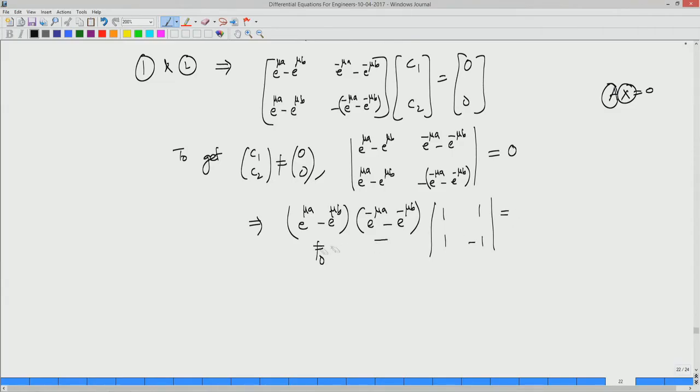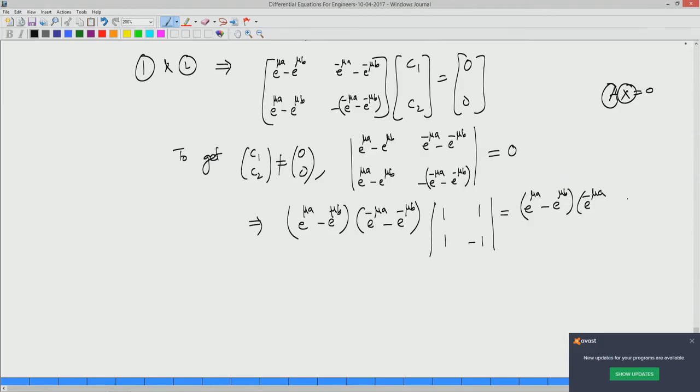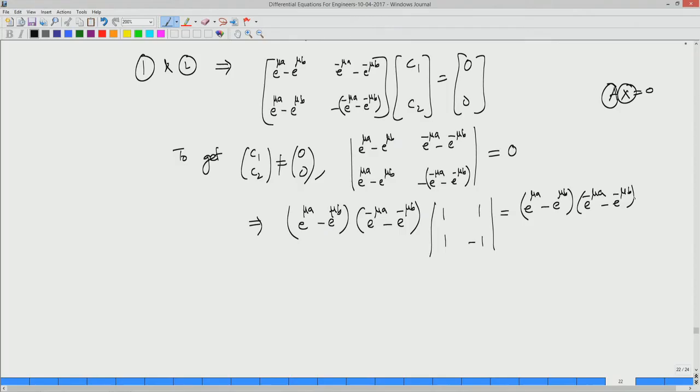The determinant is simply e power mu a minus e power mu b, e power minus mu a minus e power minus mu b. But this determinant is simply minus 1 minus 1, that is going to be minus 2. So, modulus is minus 2 minus 2.